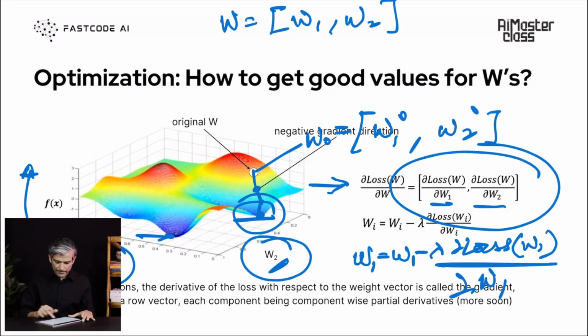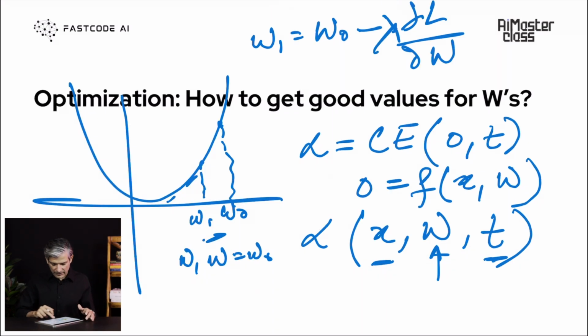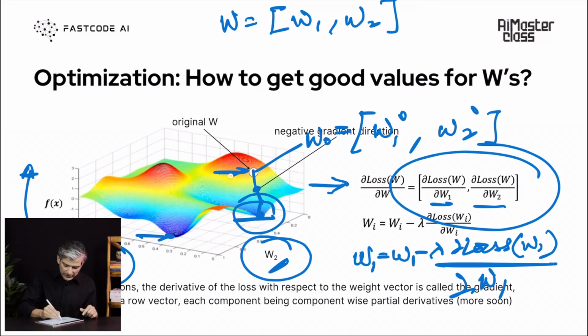For now, what you need to remember is just what we discussed. We want to minimize the loss, and the way to do that is by starting at some W. In this case we started at W0, but here W0 was a vector, and usually this vector will be much larger.